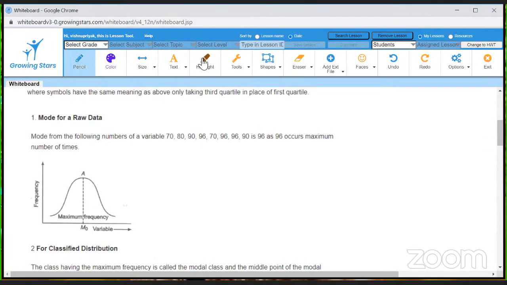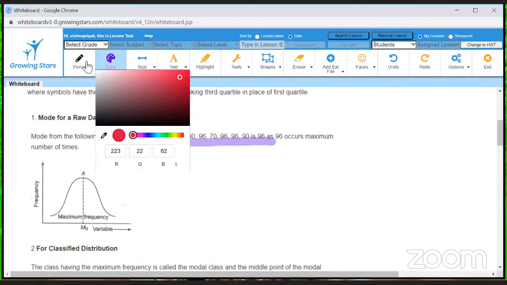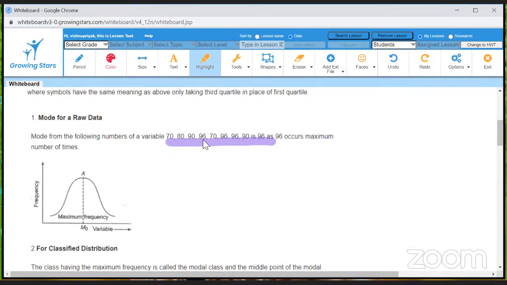Suppose you take this list of numbers, which number is repeating many times? If you see, 96 is coming. Yes, 96 is coming 3 times. So 96 is the mode. Whichever comes many times, that will be the mode.